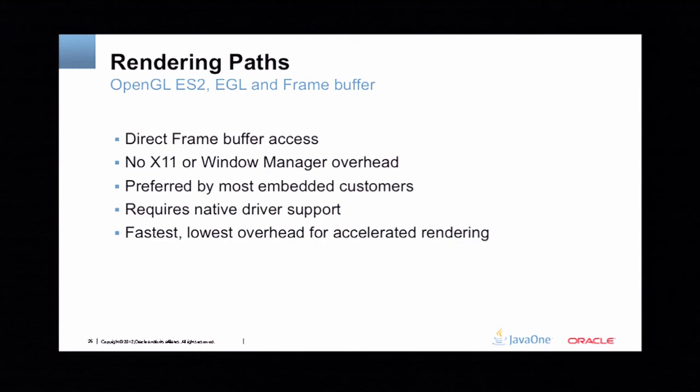It's ES2, using EGL and talking directly to the frame buffer. The nice thing about this is you don't have the additional overhead of X11 and a window manager. So you not only aren't paying for flash footprint, but you're also not paying for memory and the extra time commitment of packets going back and forth between the different processes.